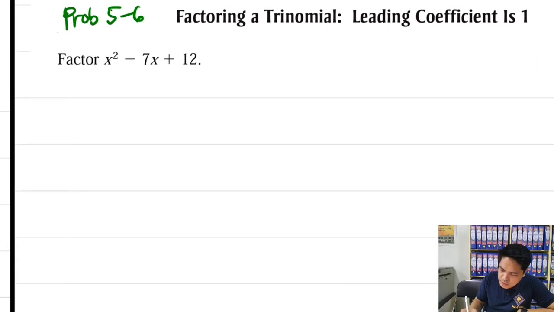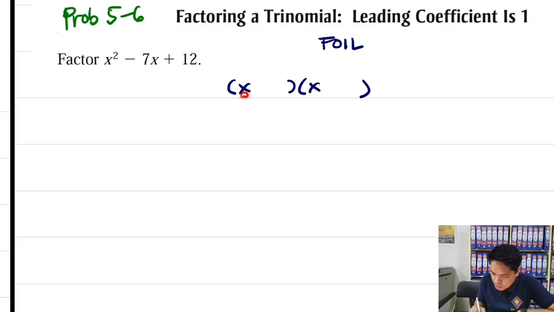Okay, again, let us recall the FOIL process. Okay, so we know that the first term is the result of multiplying the first terms. Since we have x squared, therefore the first terms of the two binomials are both x. So that would be x times x, because if you multiply the first terms, x times x, that would be this first term, and the last term is this 12.